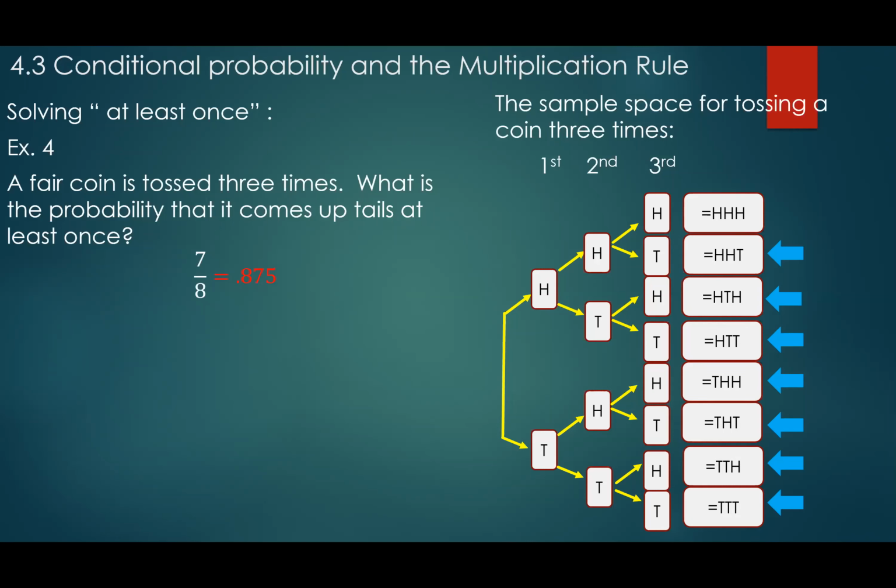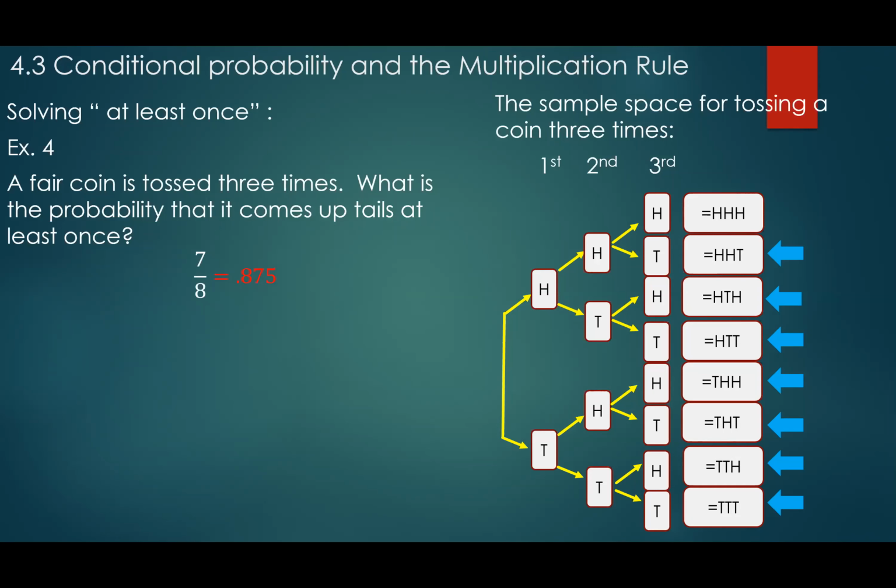Everybody see that? So you say, oh, that's easy enough, Mr. Tran. If I know the sample space, I can look at this and see that 7 of them contain a tail, and 1 of them does not contain a tail at all, right?